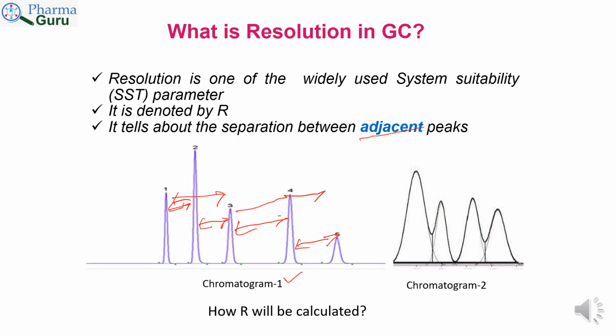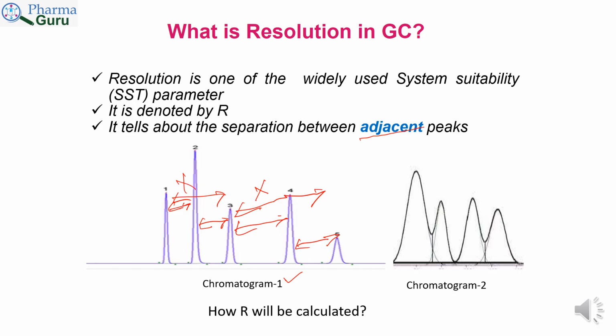Peak 3 and peak 5 are not adjacent peaks. In interview also question is asked, can we check resolution between peak 1 and peak 3? Your answer will be no.